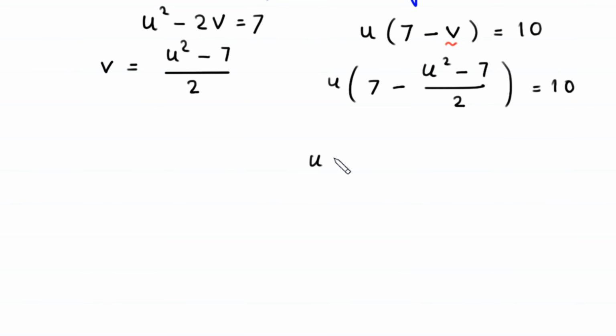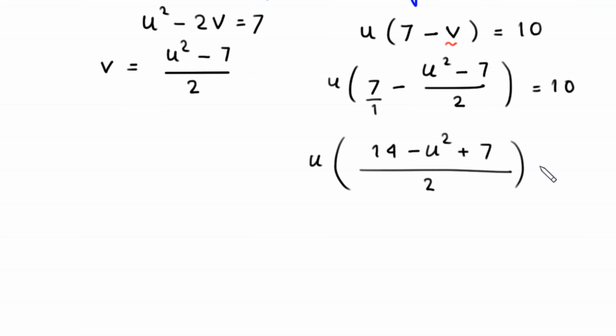Next, we can write the 7 as 7 over 1, and we take the LCM of 1 and 2, that is 2. So 2 divided by 1 is 2, 2 times 7 is 14, and 2 divided by 2 is 1, so negative 1 times u squared, negative u squared. And negative 1 times the negative 7 will become plus 7 is equal to 10.